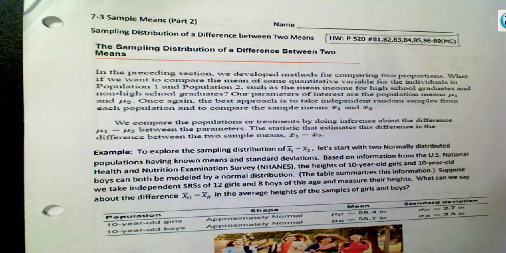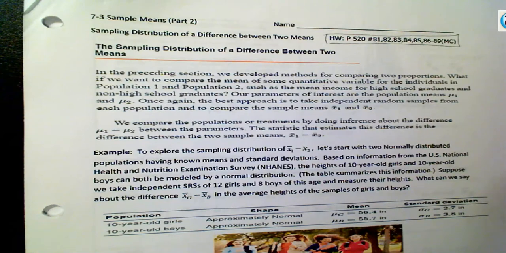What if we want to compare the mean of some quantitative variable for the individuals in population 1 and population 2, such as the mean income for high school graduates and non-high school graduates? Our parameters of interest are the population means, mu1 and mu2. Once again, the best approach is to take independent random samples from each population and to compare the sample means, x bar 1 and x bar 2.